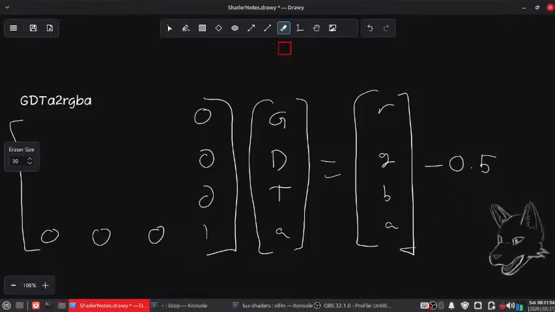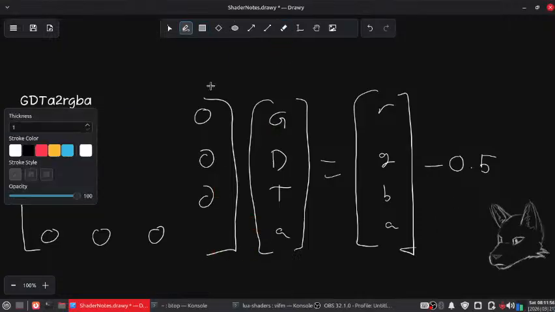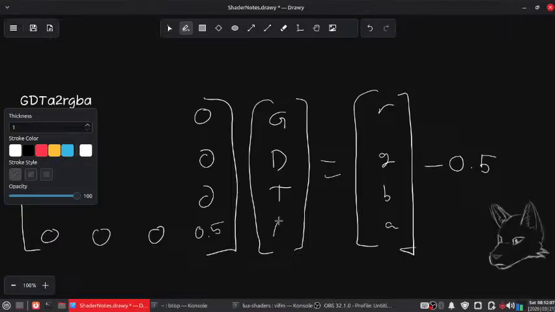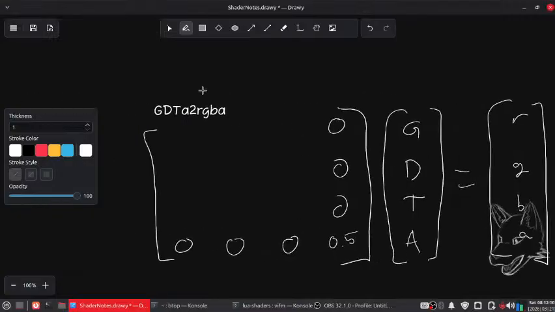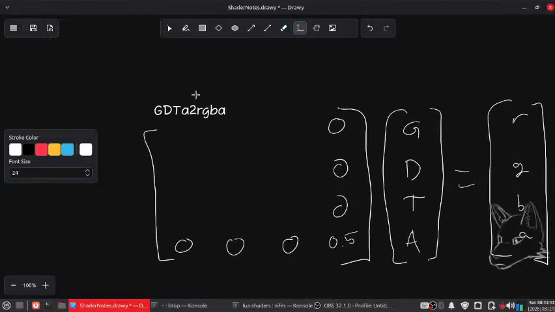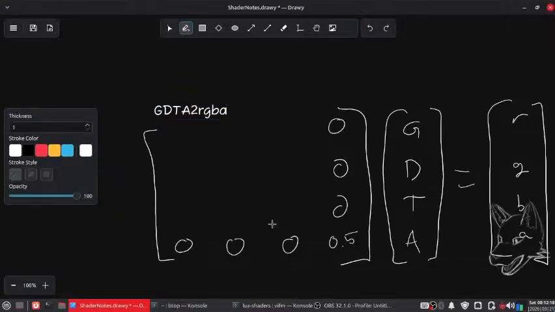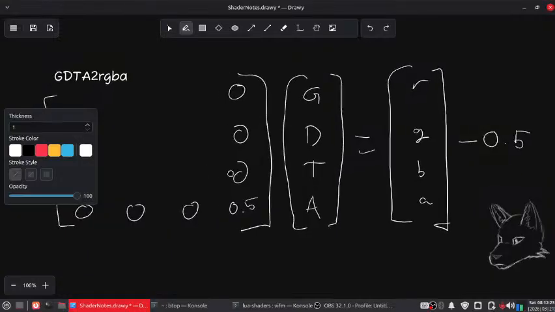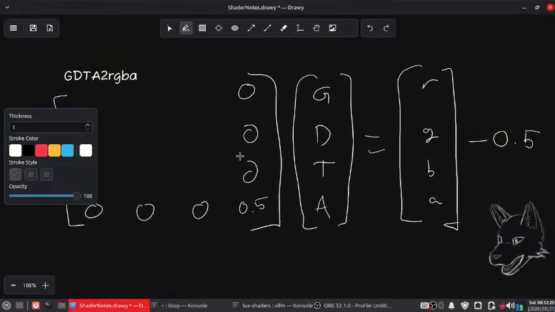So this is actually a 0.5. So I mean, we could do alpha, right? We could do GDTA. You do GDTA, so it's all within the same range, right? Because it's all mapping from -1 to 1.